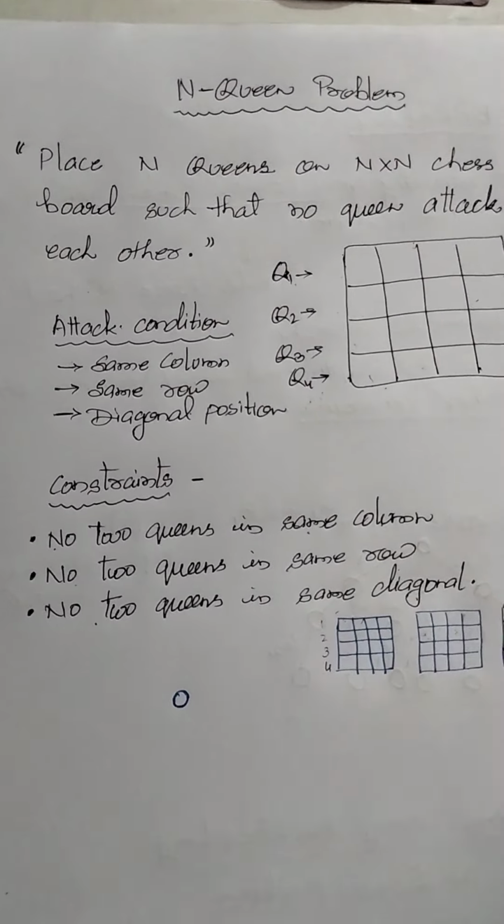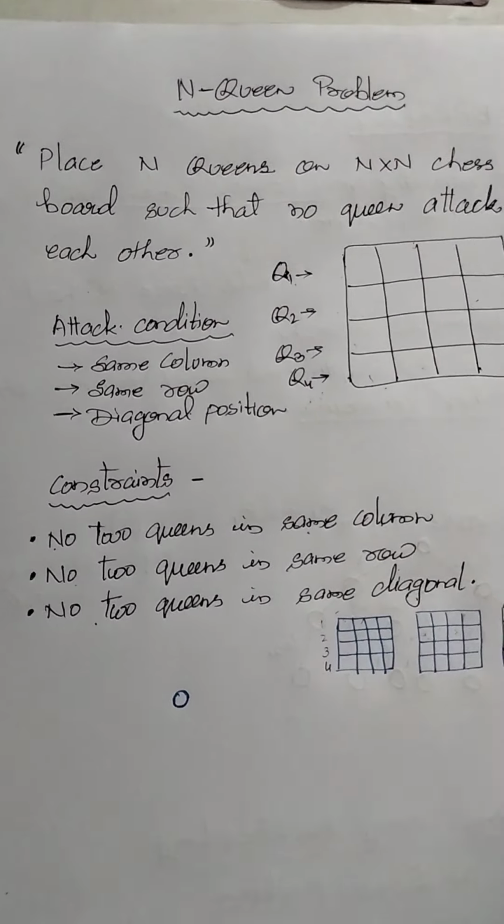Now q2 will be placed in the second row. In which column? We have 1 2 3 4 as options, but we are going with the depth first approach, so we try the first column. Can we place q2 in the first column?